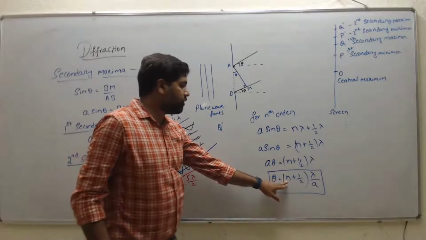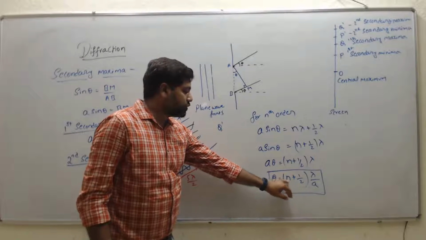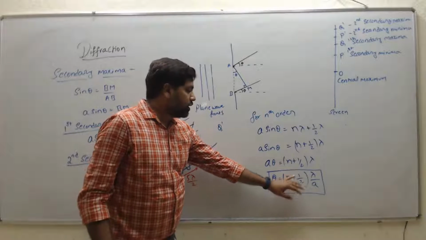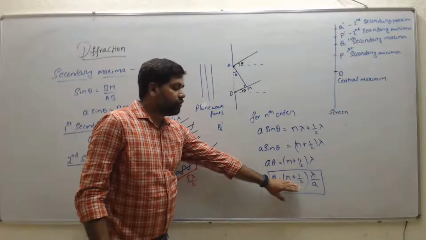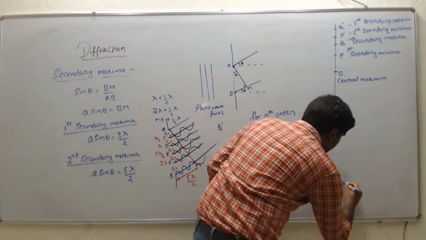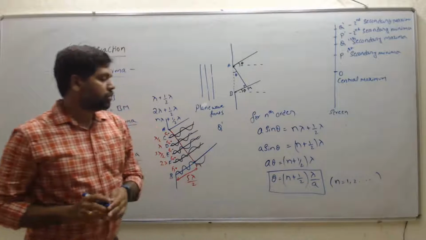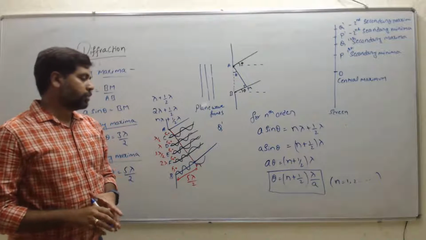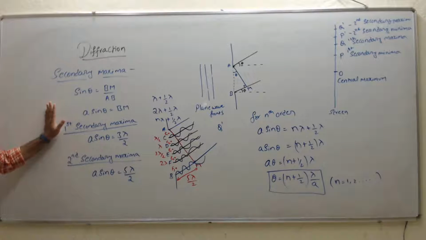If we substitute n value 1, then we get the first secondary maxima. If we substitute n value 2, we get the second secondary maxima. If we substitute n value 3, we get the third secondary maxima. So n value varies from 1, 2 and so on, right? So this is about the secondary maximum.